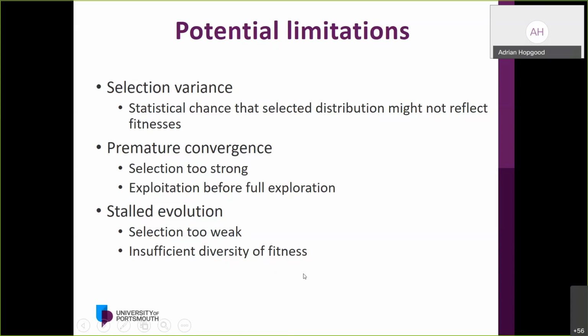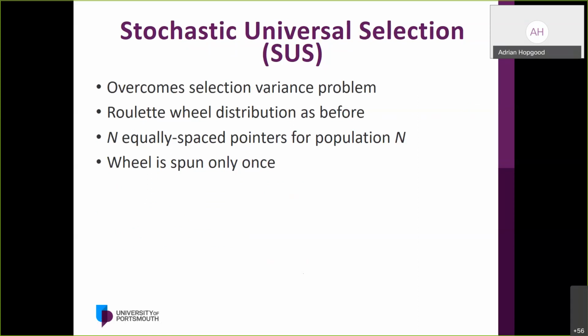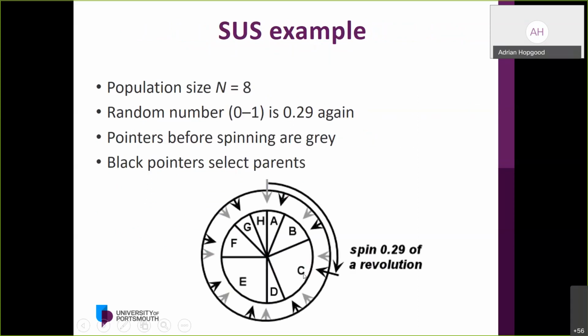Selection variance is very specific to the roulette wheel selection, and stochastic universal selection is a tweak which overcomes that first problem. It still uses a roulette wheel, but a slightly different model.